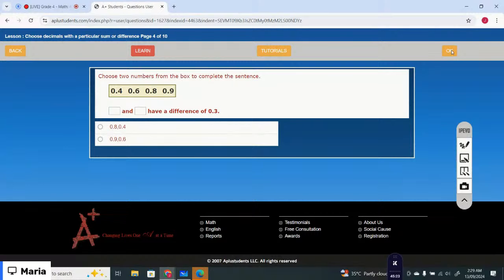That is 0.9 take away 0.6. So the correct option is option number 2.